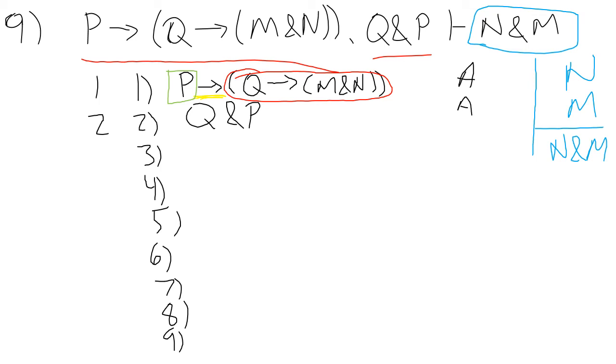So whatever I'm going to do to line 1, I need to find the left side first, which is just P by itself. Do I have P by itself? No, I don't. I do have a P here, and that is going to be something I can get access to because I'll just take this line 2, I'll remove the ampersand, so ampersand out, and what premise is associated with 2?